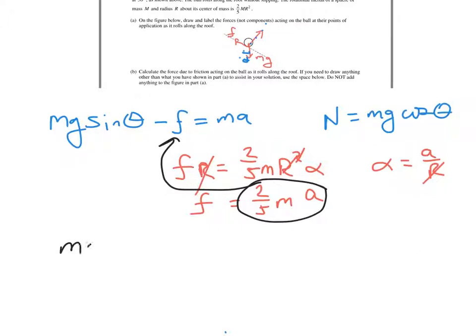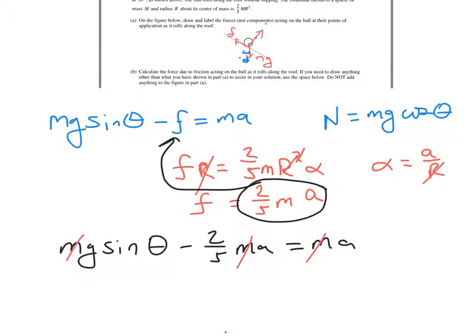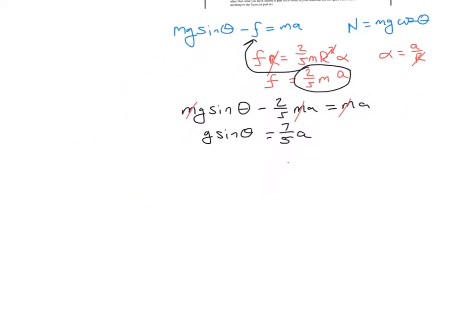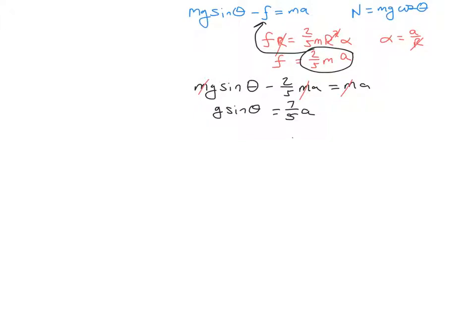So we have mg sine theta minus 2/5 ma equals ma. We move this over, so that a is equal to 5/7 g sine theta.